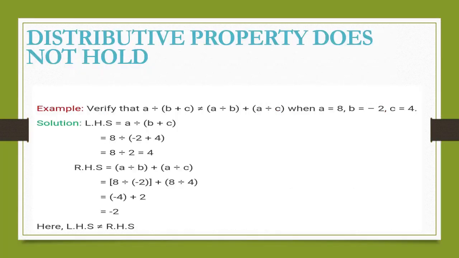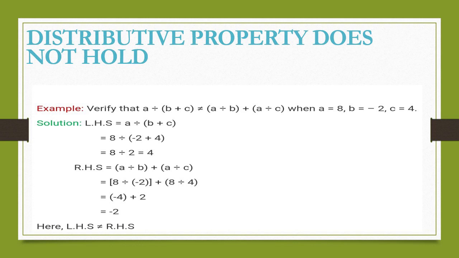Distributive property does not hold for division. Let's check this by taking the three integers as 8, minus 2 and 4. The LHS is 8 divided by (B plus C). First we'll solve the bracket part, that is minus 2 plus 4, which is 2. 8 divided by 2 is 4.